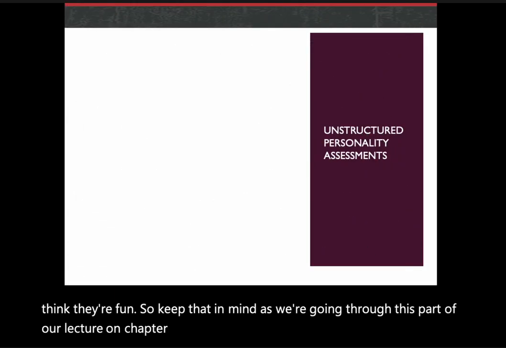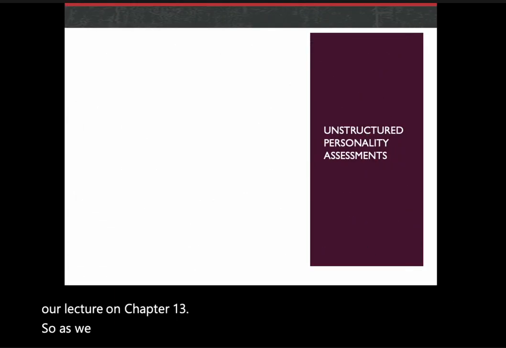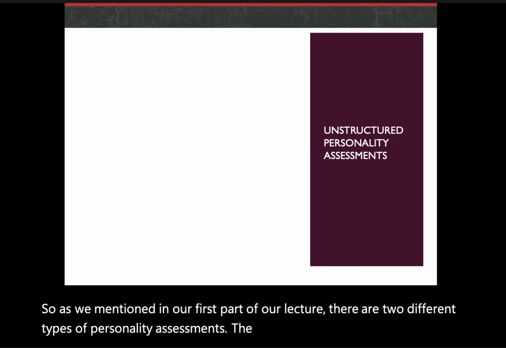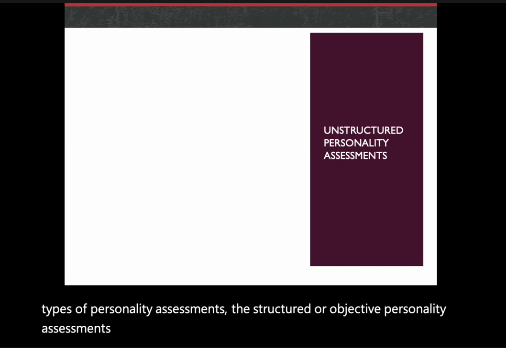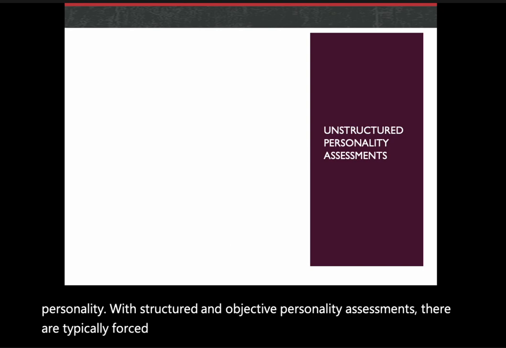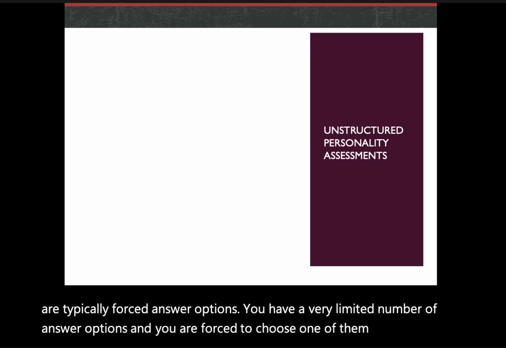As we mentioned in the first part of our lecture, there are two different types of personality assessments: the structured or objective personality assessments, and the unstructured or projective assessments of personality. With structured and objective personality assessments, there are typically forced answer options. You have a very limited number of answer options and you are forced to choose one of them.